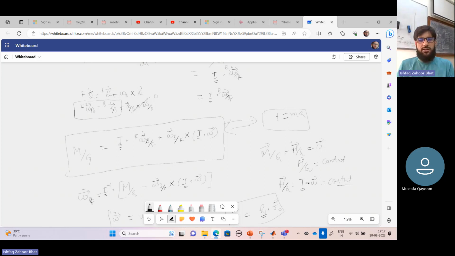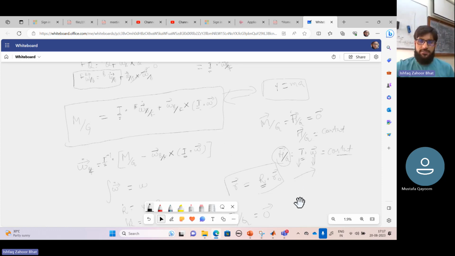It is not restricting that omega should be constant. Before this, we usually tried to align our omega vector with the angular momentum vector, which is not the case. So during flipping, omega changes, I changes, such that the dot product of the tensor with omega is a constant vector in space, and that constant vector is the angular momentum vector. Okay.